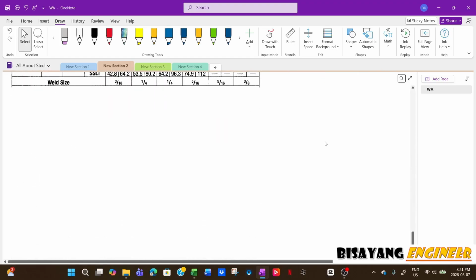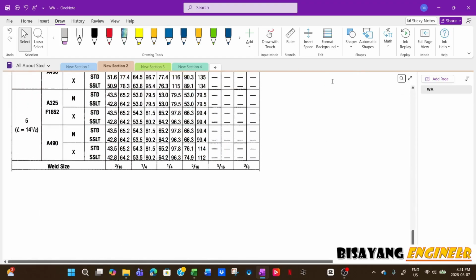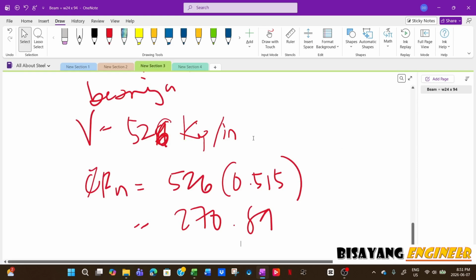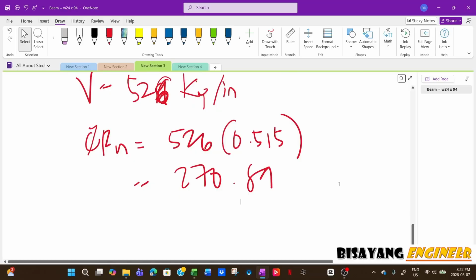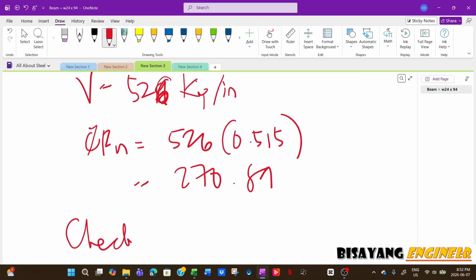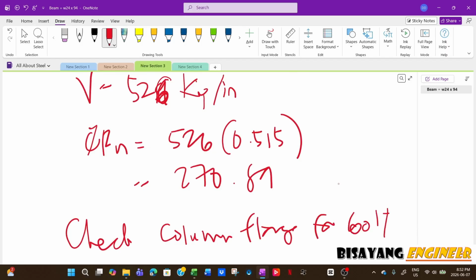So this was for the beam web, and now you have to check the column flange for bolt bearing.